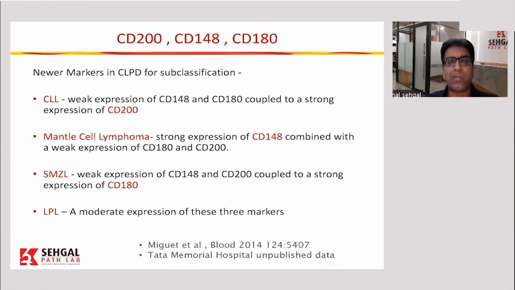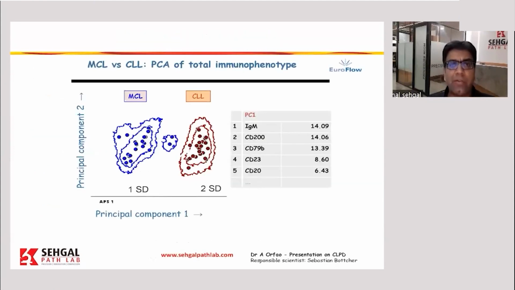Similar to CD200, there have been other markers like CD148 and CD180, which have come along to help us in the diagnosis of lymphoma. For example, CLL typically has CD200 expression, which is negative in mantle cell lymphomas, whereas mantle cell lymphomas have a strong CD148 expression, and splenic marginal zone lymphomas typically may have a variable CD200 but show expression of CD180.